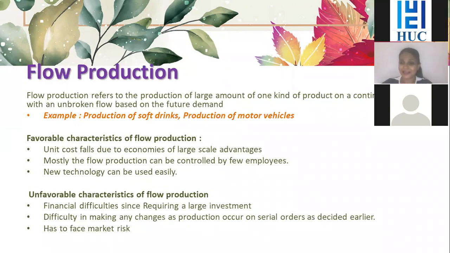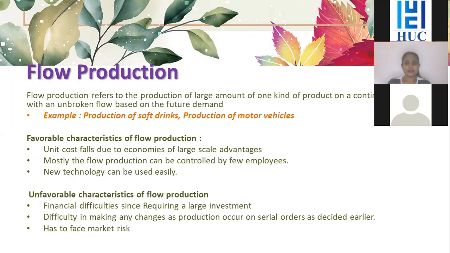Okay. Flow production, you know what is flow? Okay, that means continuously producing. There are some businesses, children, large businesses, they are using this flow production. They continuously are producing. Flow, right?